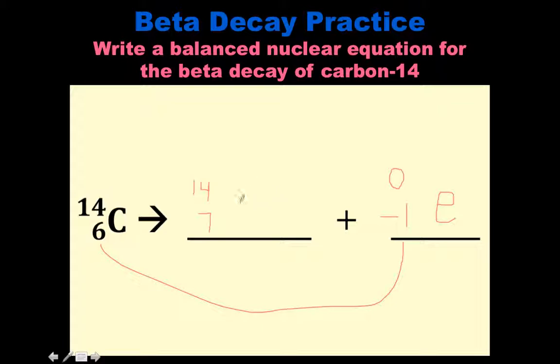Okay? And when I look that up, element 7 is nitrogen. Okay? So 7 plus a negative 1 gives me 6. Okay? Remember, this one goes up by 1.